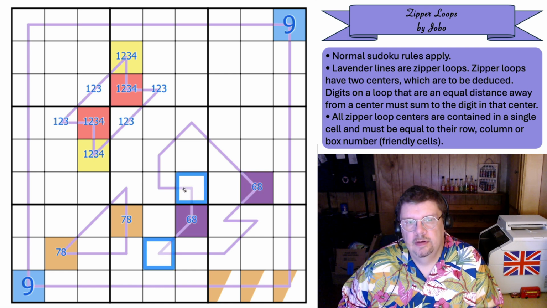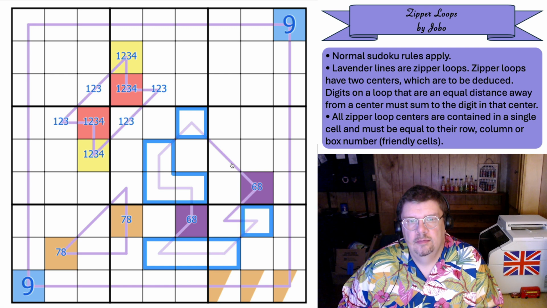Okay, those two would add up to 6, those two would add up to 6, those two would add to 6, those two, and those two. So those would all be from 1, 2, 3, 4, and 5.